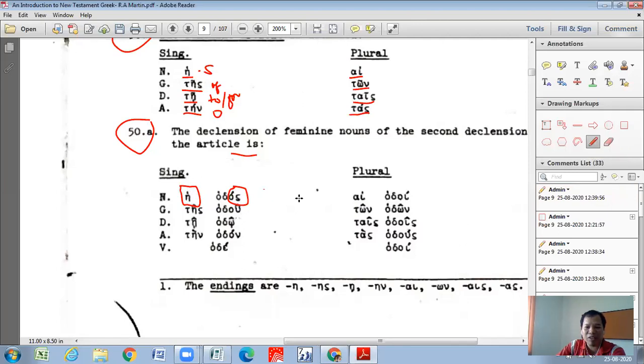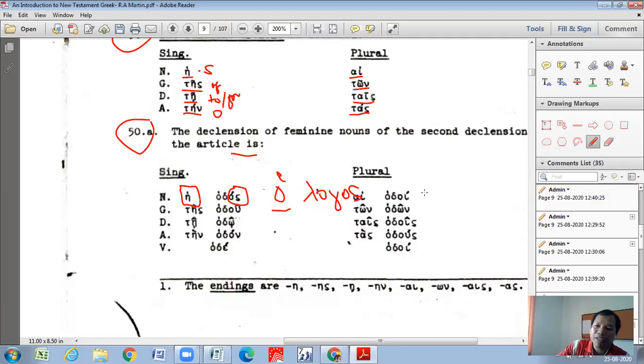Actually, I'll give you one example. Let's say it is logos. The article also has to be ho, because logos is masculine, so the article also has to be ho.